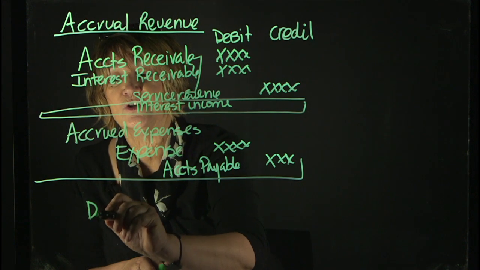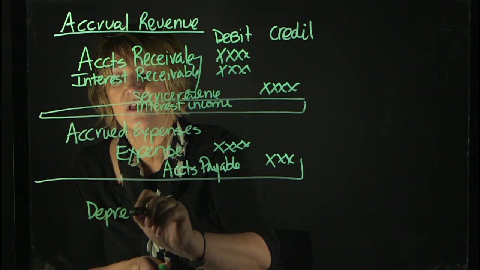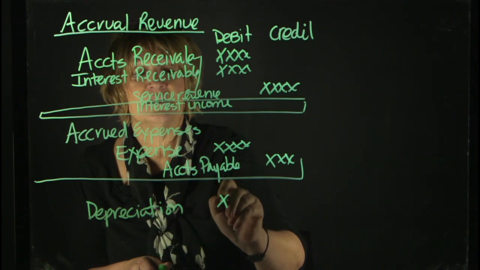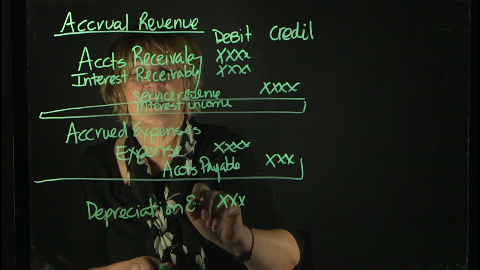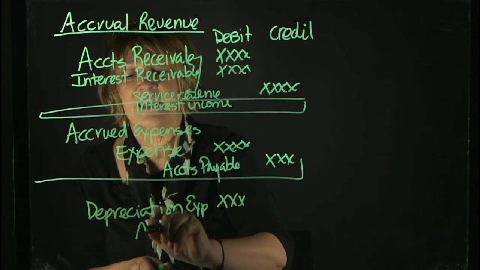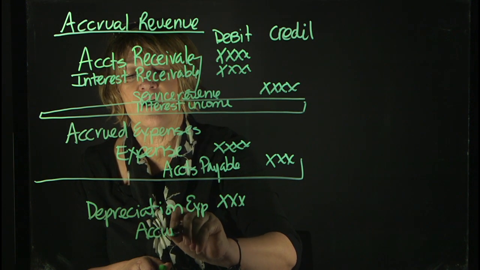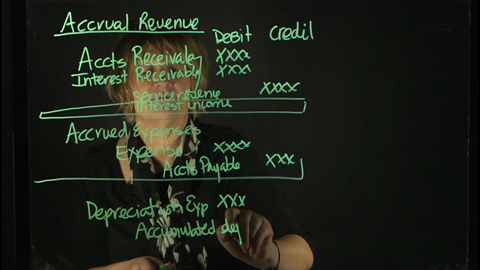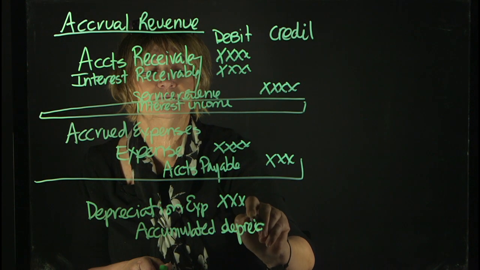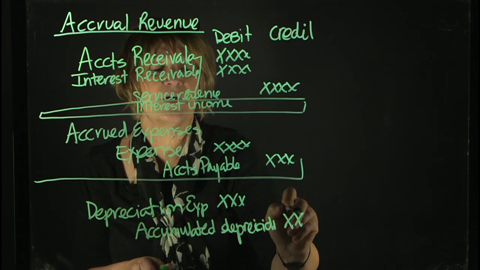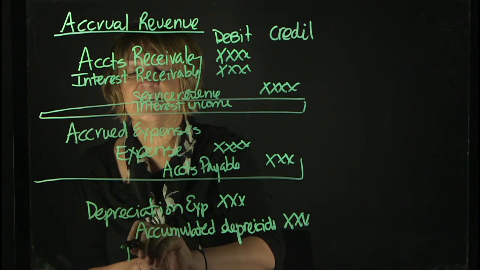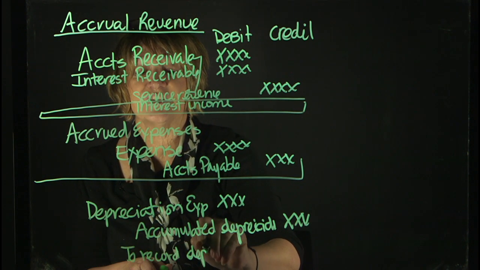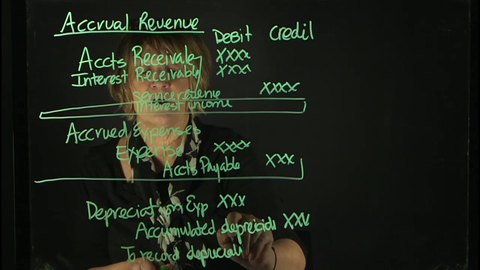And so the adjusting journal entry for depreciation is a debit to an account called depreciation expense and a credit to an account called accumulated depreciation. And that gets a credit. Okay? And this is simply to record depreciation. It's not on the books, and you need to put it on.